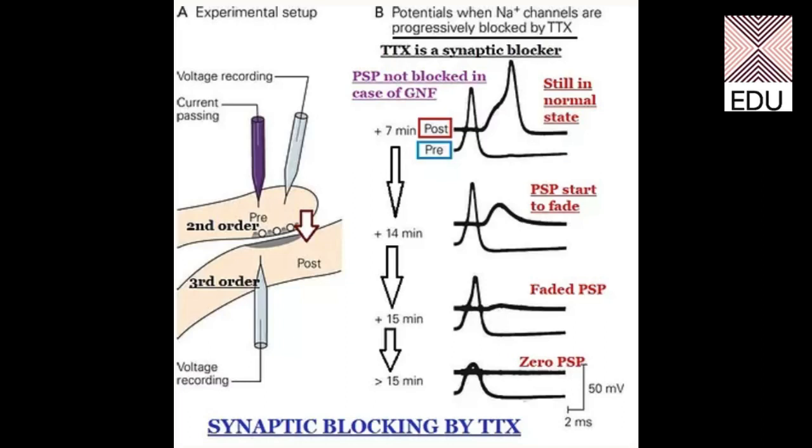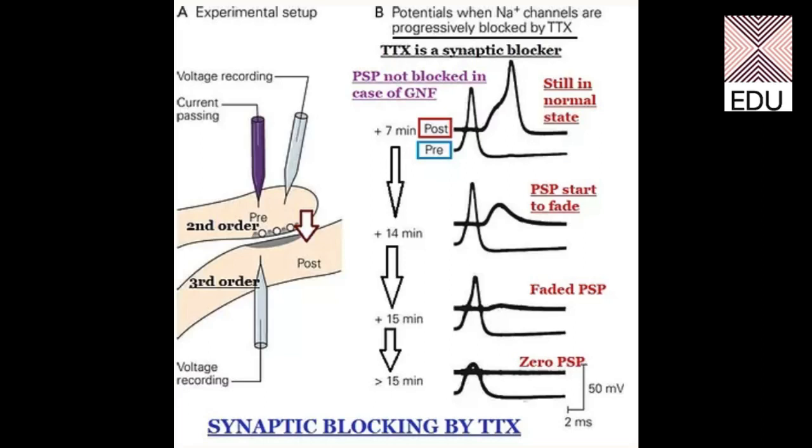So students, with this diagram, we can conclude that TTX is a synaptic blocker. First of all, it can block the synapse on the spot in the case of normal fibers. But in the case of the giant nerve fibers, even TTX is not able to block the synapse on the spot.